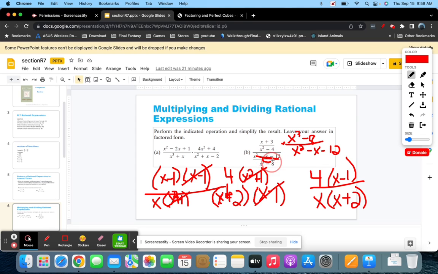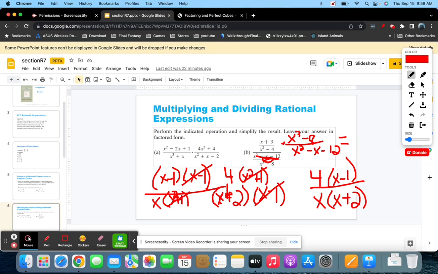So x plus 3 over x squared minus 4 times x cubed minus 8 over x squared minus x minus 12. And you'd break down everything. You would find common factors that can cancel out on the numerator and denominator. Okay, let me do it. It just takes a minute.